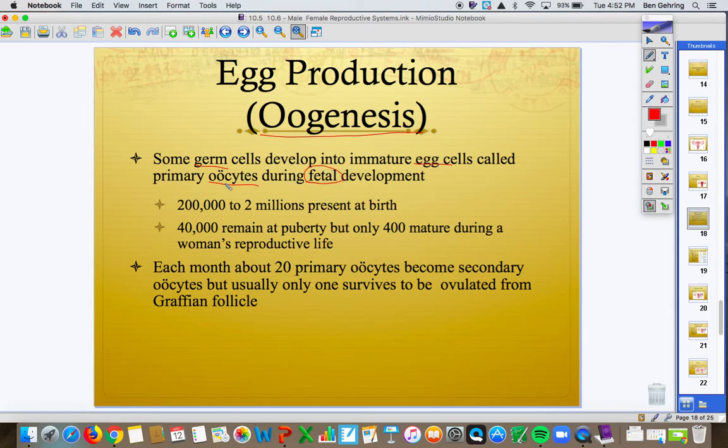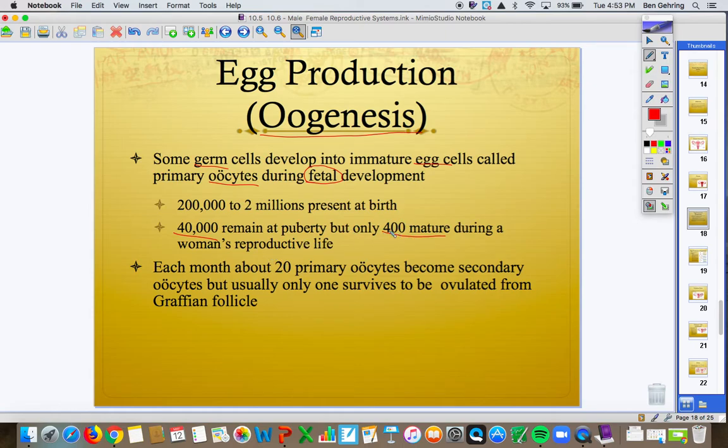So females are born with somewhere between 200,000 to a couple million primary oocytes. When they reach puberty, they have about 40,000 left, give or take a couple. And then at this stage, there are about 400 that will mature during their reproductive life and allow them to potentially produce offspring.